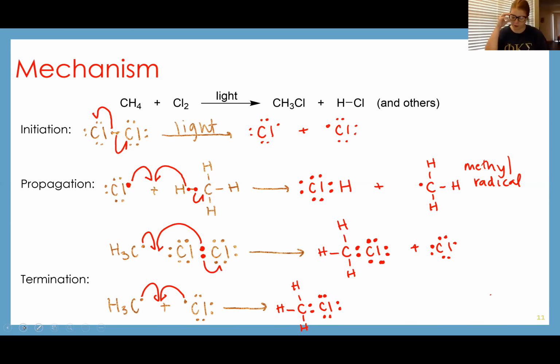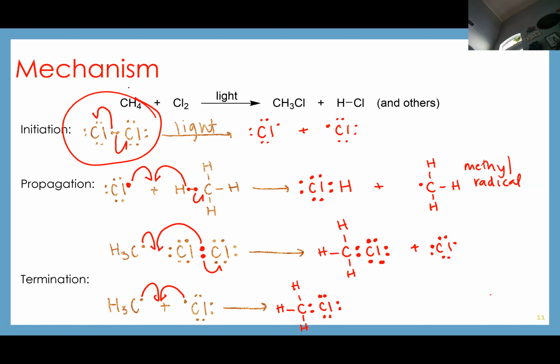One question. So you can just assume there's more chlorines and stuff in solution? Yes. Looking at this, one molecule of chlorine broke apart because of light and reacted with one molecule of methane.